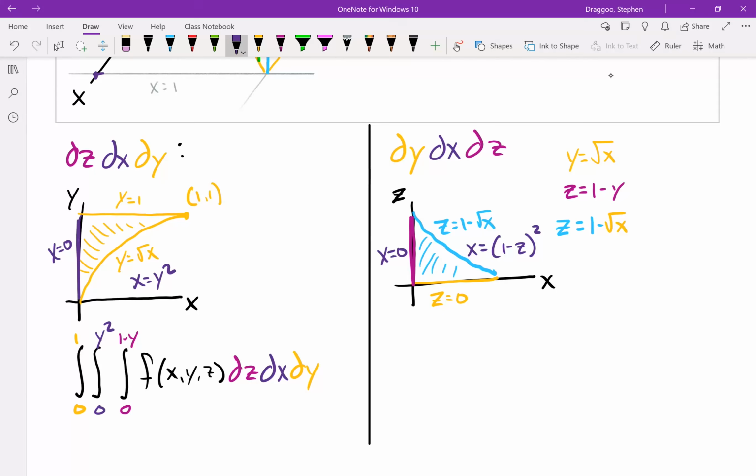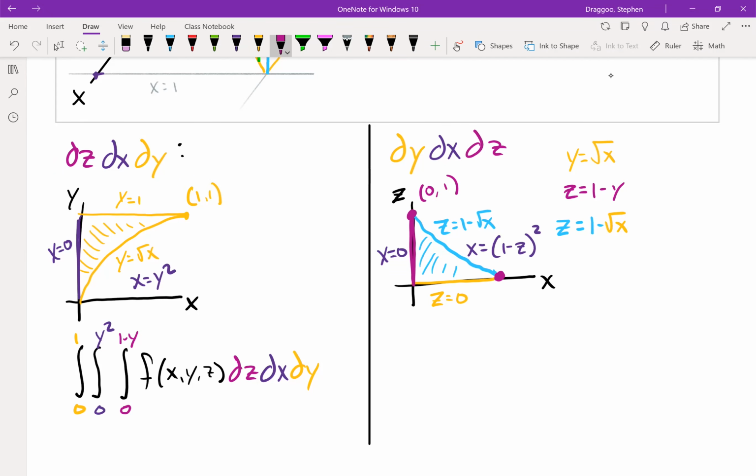And then z will still go from 0 out to 1. As we look at this point right over here, or rather, no, we're looking at z, so we're going to care about this point up here. x is 0, z is 1.